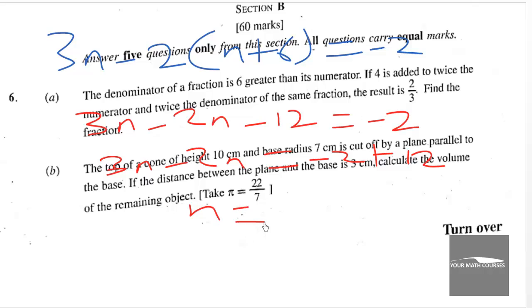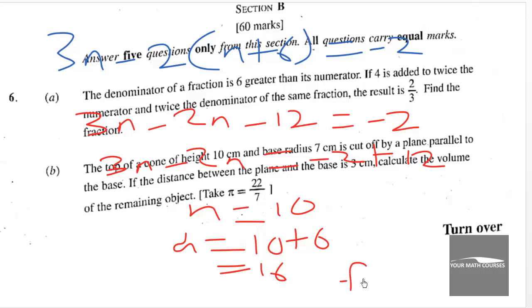So n will be equal to 10. If n equals 10, then d is equal to n plus 6, which is 16. Hence, the fraction is n over d, which is 10 over 16, or when we simplify it, we get 5 over 8.